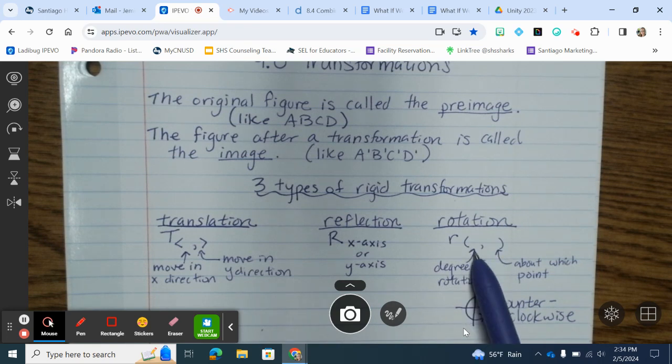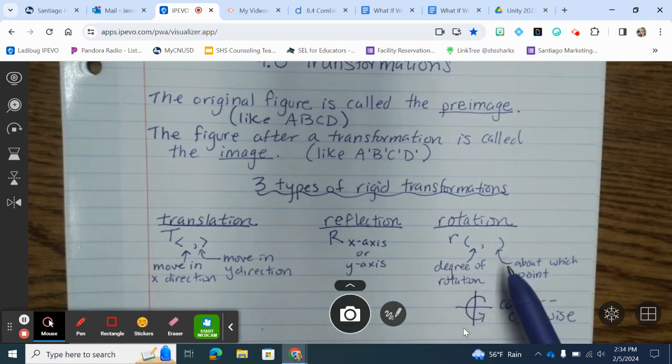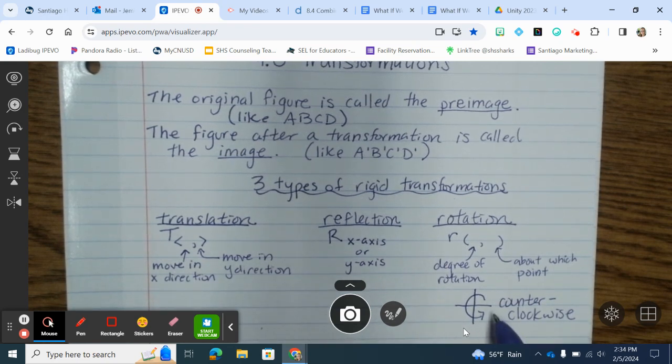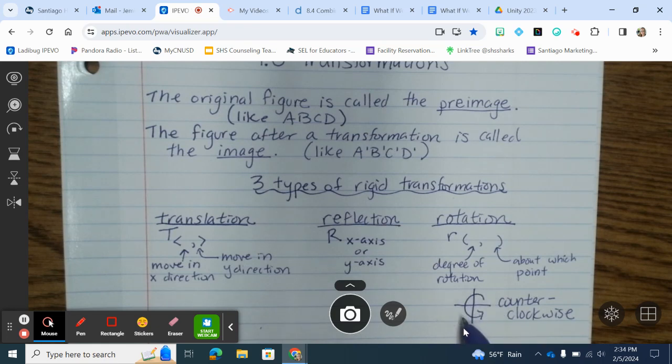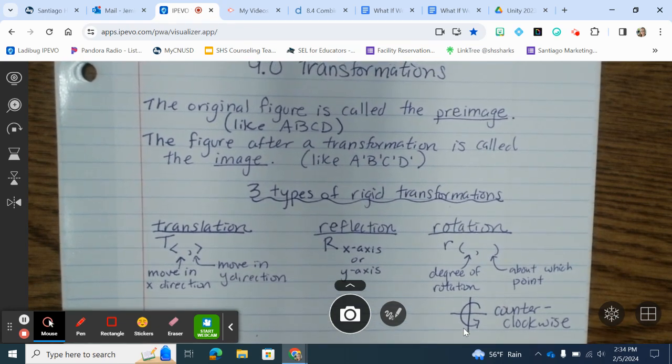And my degrees of rotation, to keep things simple, are going to be some multiple of 90. So it could be 90, 180, 270, 360. Nothing in between. And just a reminder, when I am moving about a coordinate plane, I am rotating counterclockwise. So I recommend you go ahead and pause this, copy this down, make sense of it a little bit, and then we will jump into the notes.